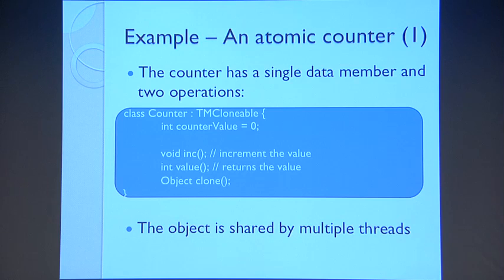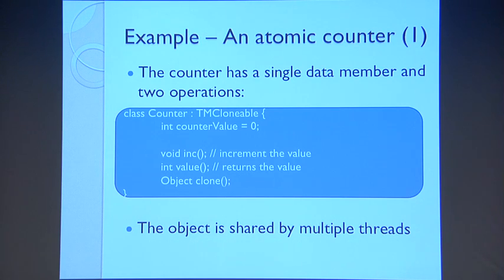So let's look at an example of using the STM. Again, we'll look at an example of a counter that starts from 0 and increments by 1, and it does it atomically, and we get the previous value. So this object will be called counter. It extends, it inherits from TM clonable.